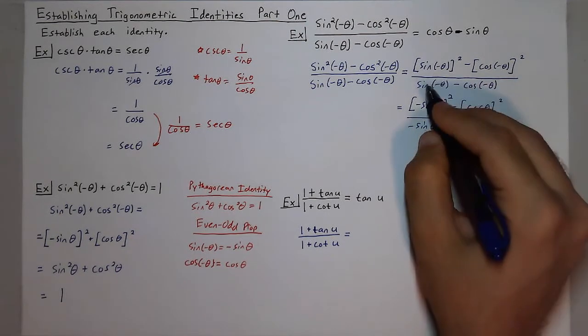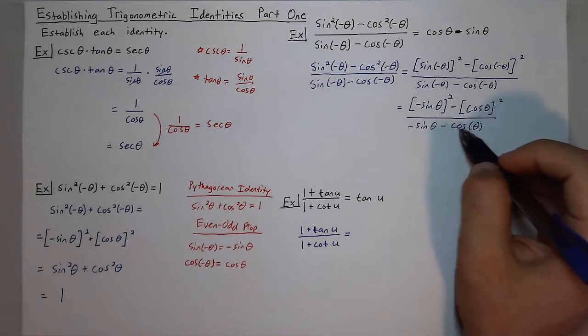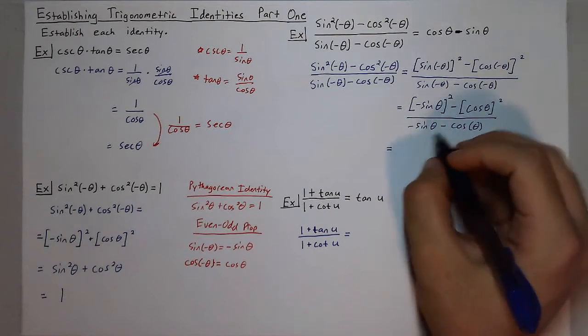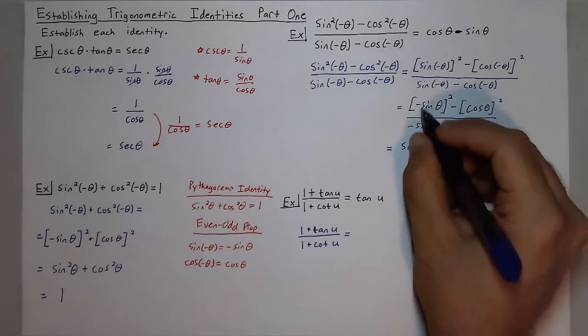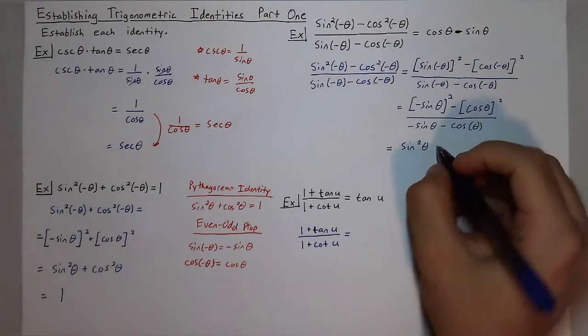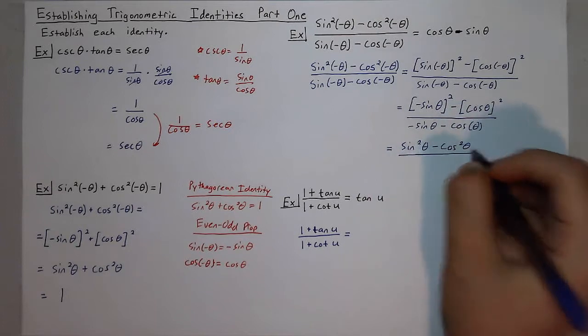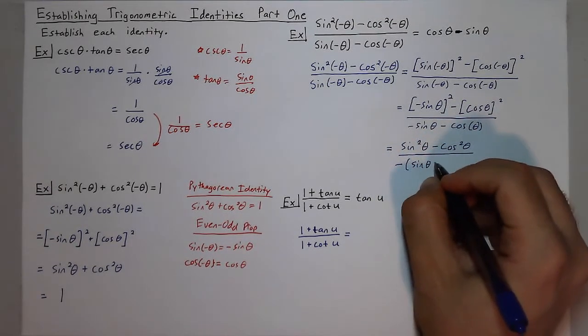So that this term became negative because the negative came out, but here the negative didn't come out, so it remains negative. Now I have sine squared of theta, because again the square got rid of that negative in front, minus cosine squared of theta all over, and I'm just going to factor out a negative, times sine of theta plus cosine of theta.